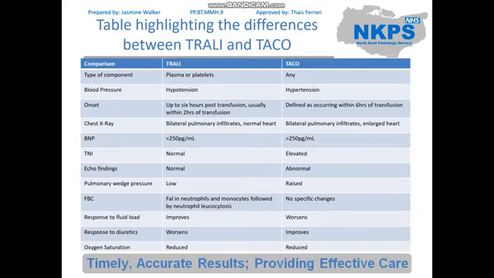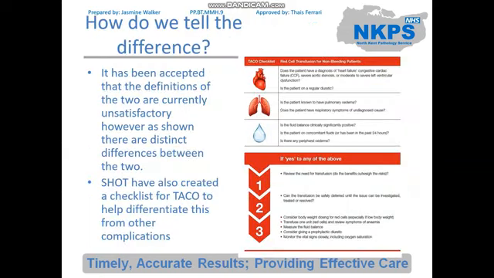So if you think that someone has TACO and they actually have TRALI, and you give them diuretics, then you're going to make them get worse instead of better. And that's why it's really important to tell the difference between the two. As I said, obviously you've got that lovely table, which everyone should be aware of.